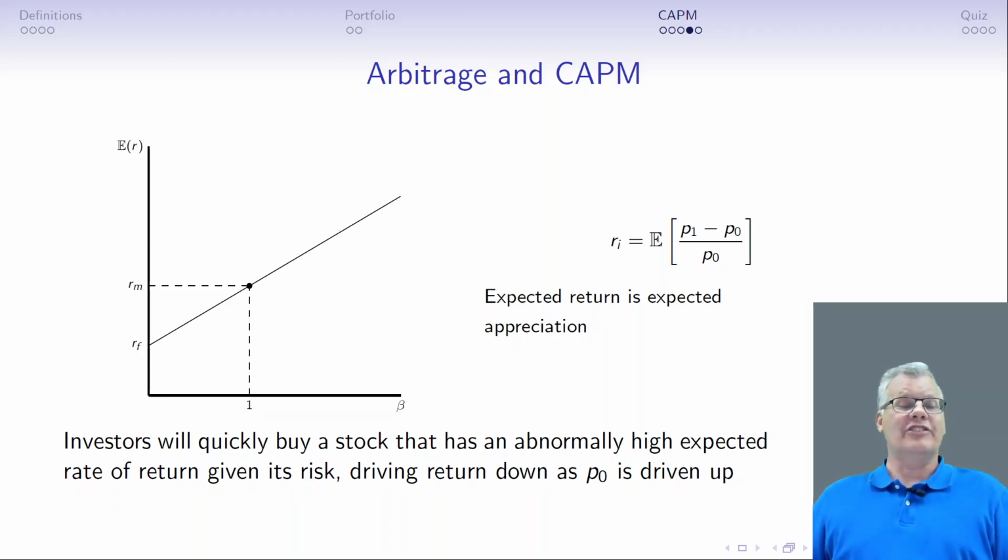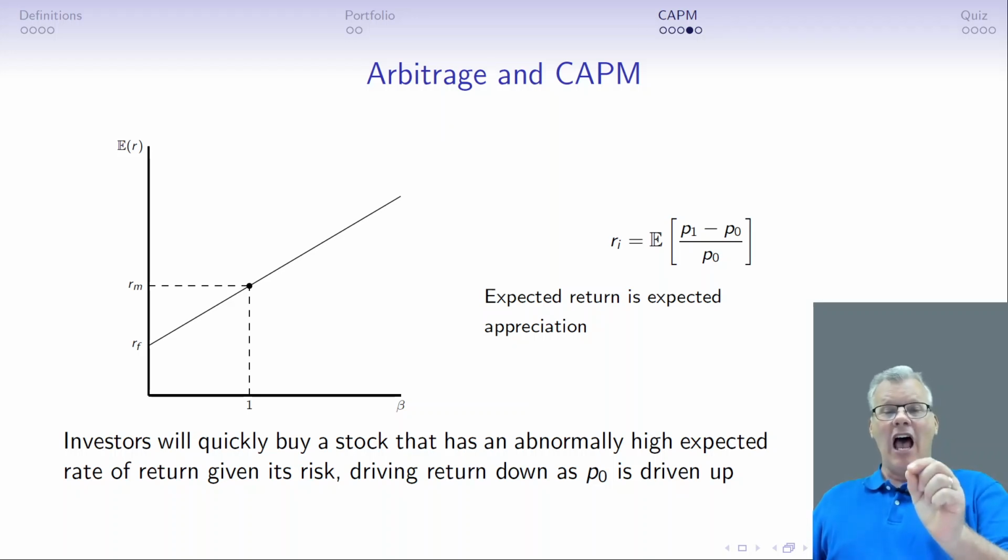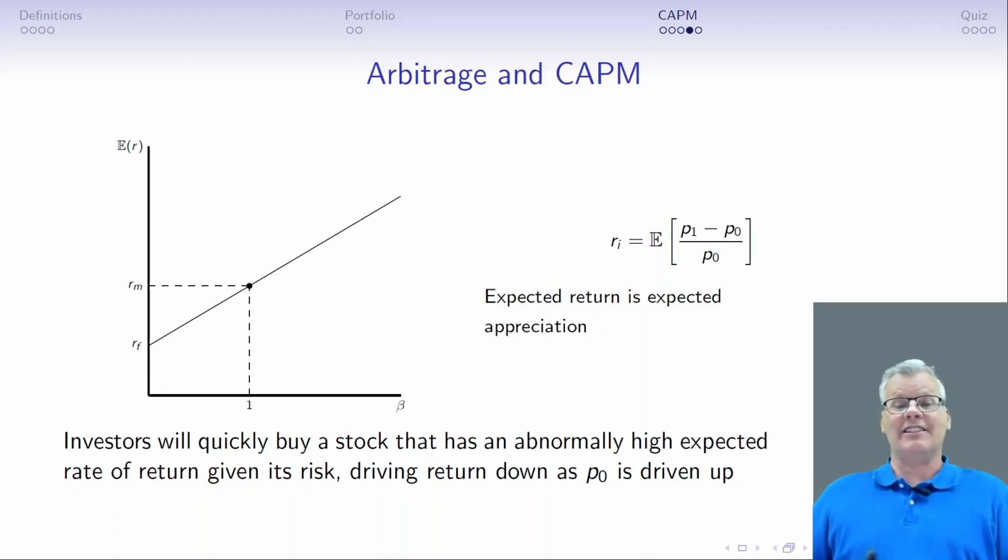What Hal tells us quite reasonably is that if you had securities that were above this line, think of what that would mean. Look at the dashed line where beta is 1, and imagine a fund that earned a higher rate of return than the market as a whole while bearing the same amount of risk.